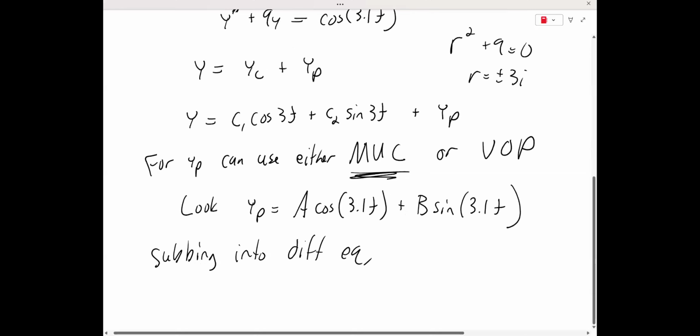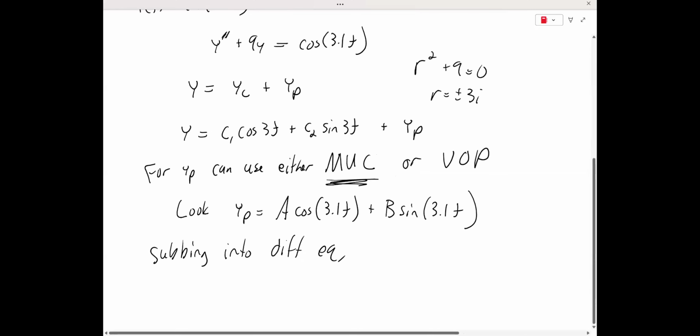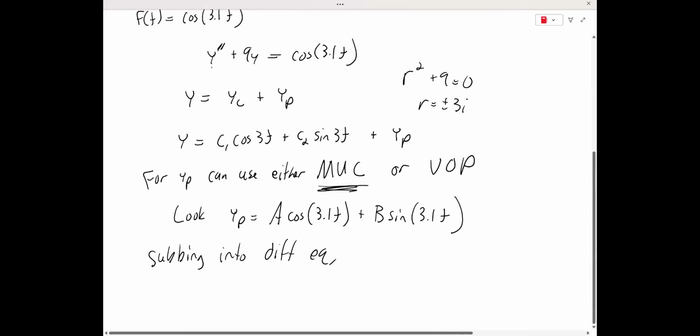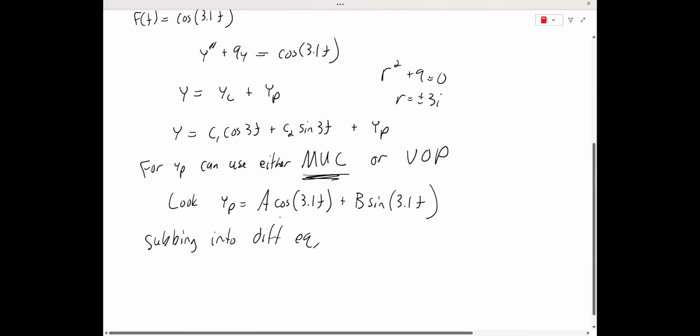Okay, so what we get here then. It calls for two derivatives here. You basically have to find two derivatives of this. So if I plug this in and take two derivatives, I can do that term by term. I get a. Now if I take two derivatives of cosine, it goes cosine, negative sine, and then negative cosine.